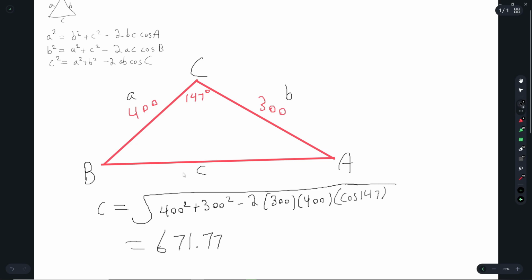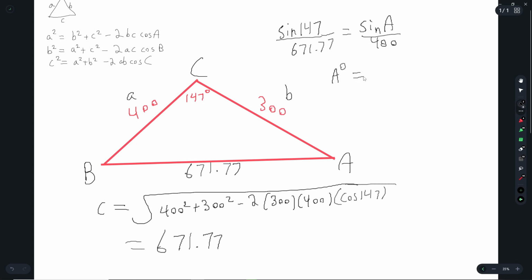So this will be, let me remove C, 671.77. Now we can use sine law to solve the rest of the triangle. So sine 147 over 671.77 equals sine, I'll do A first. So A over 400.